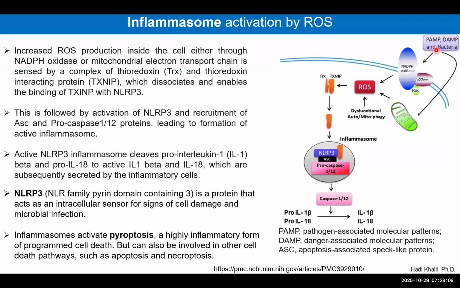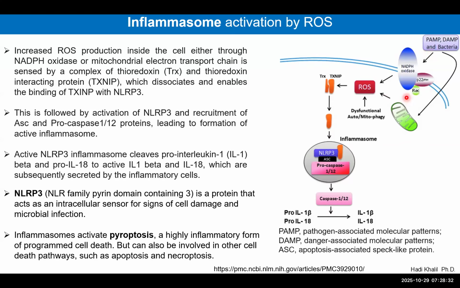Those will signal on the membrane by inducing the NADPH oxidase. And that NADPH oxidase induces the generation of ROS. So this is one source of the ROS: a damage signal or a toxin or a bacteria or infection.